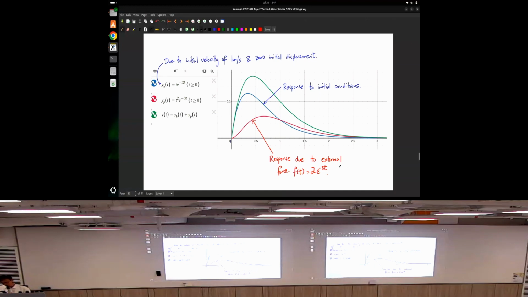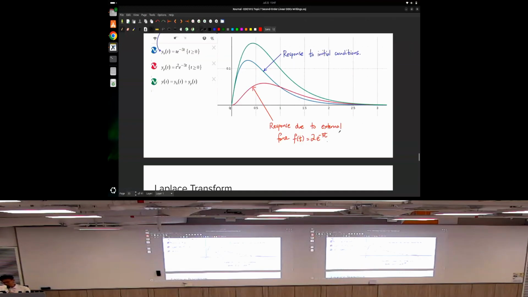So you notice that this external force is maxed out at 2 and then reduces gradually with time to 0. So when your external force reduces to 0, certainly it comes to a point whereby your mass must go back to the equilibrium because the force becomes 0 already, ma.